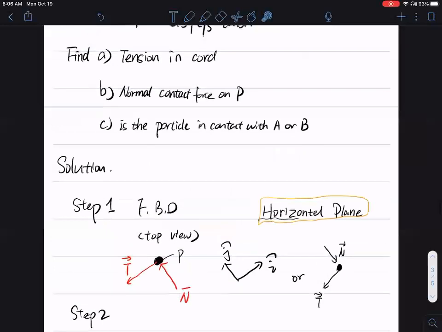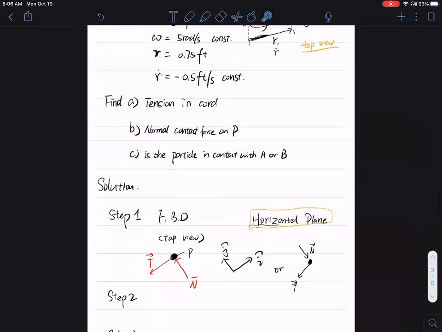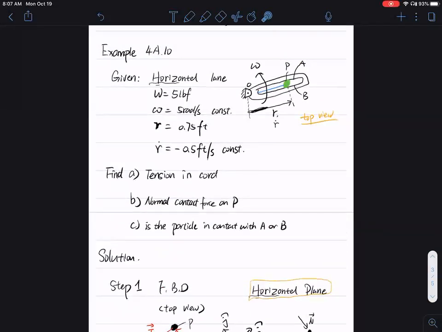Going to the opposite direction. But if the particle P is sitting on a slope or table, yes, we know normal force has to go opposite the weight force direction, right? But right now, we're looking at the top view. This is the top view. The particle P is sitting on the table inside of the arm. How do we know the normal force is going up or down?